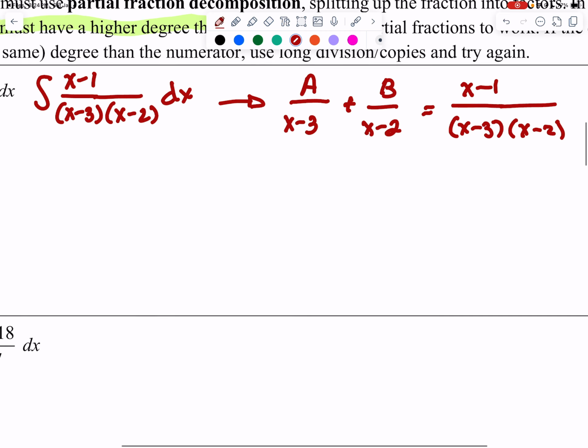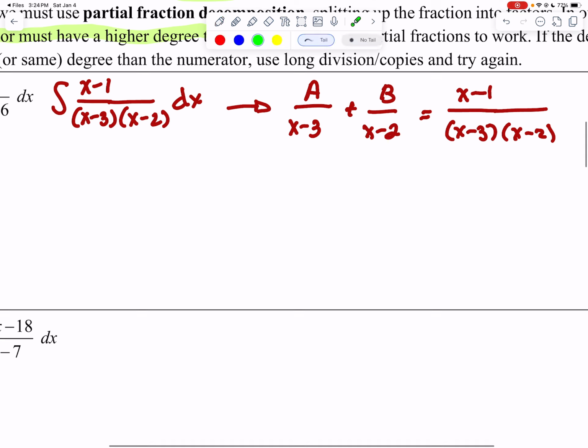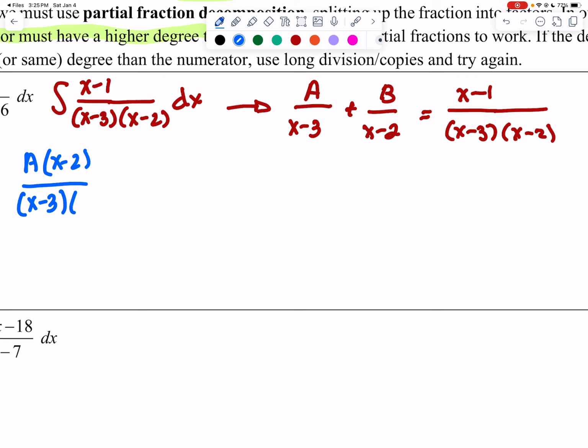Now, looking at the first part right here where I have A over x minus 3, because I want this to be the same thing as this now, I'm going to have to multiply by x minus 2, aka my little LCD here. So I'm going to have A times x minus 2. And then likewise, for B here, I want an x minus 3 so that I have my LCD.